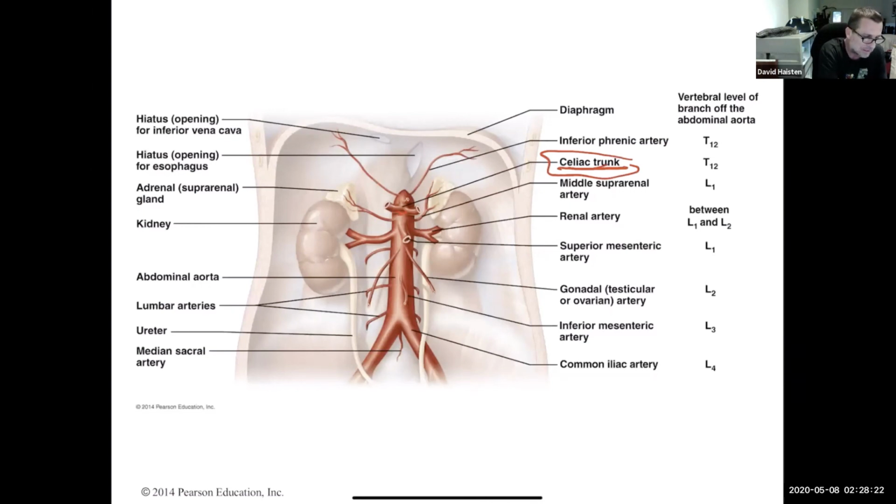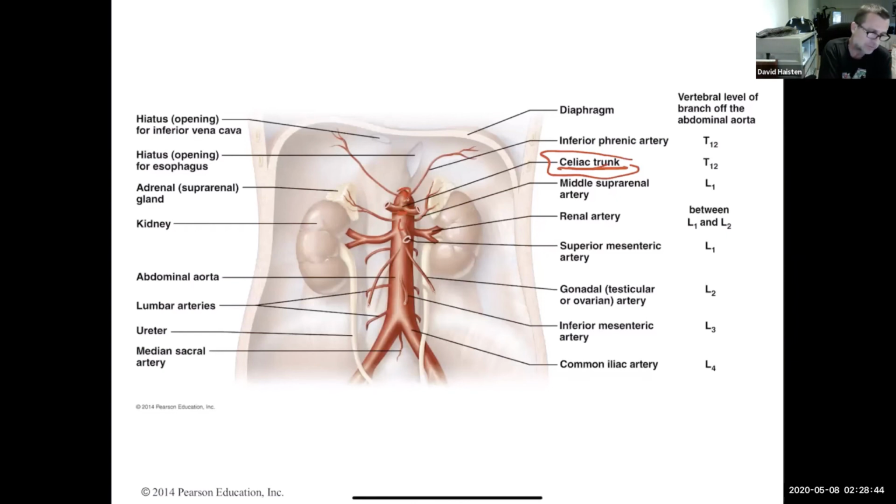What's sitting on the abdominal aorta right next to the celiac trunk? The celiac ganglion, a prevertebral sympathetic ganglion. It is named that because it is right here. So the collateral ganglia for the sympathetic are in front of the aorta.